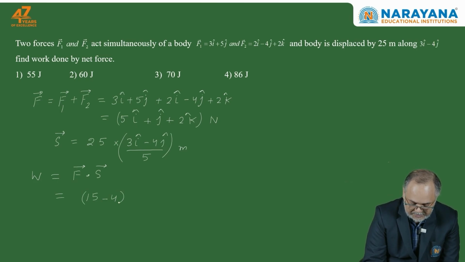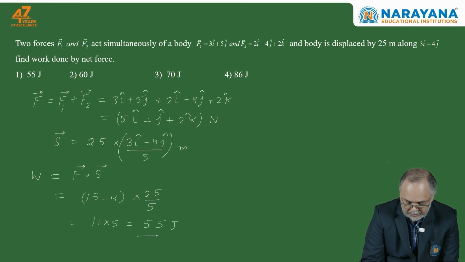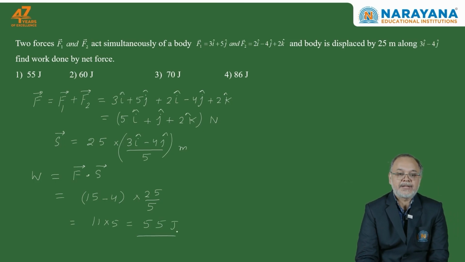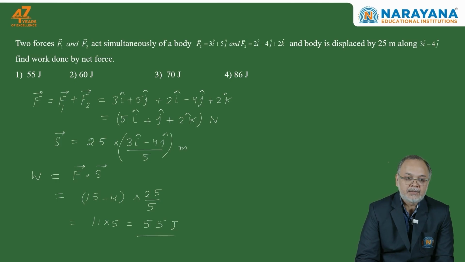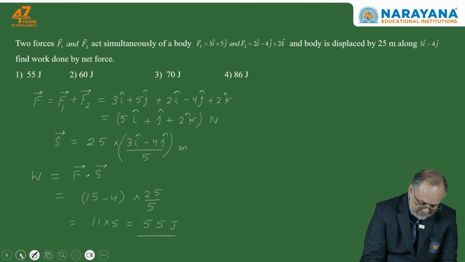So 15 minus 4 into 25 by 5. So we can write 11 into 5 is equal to 55 joules. This is the answer, and option 1 is the correct answer for this problem.